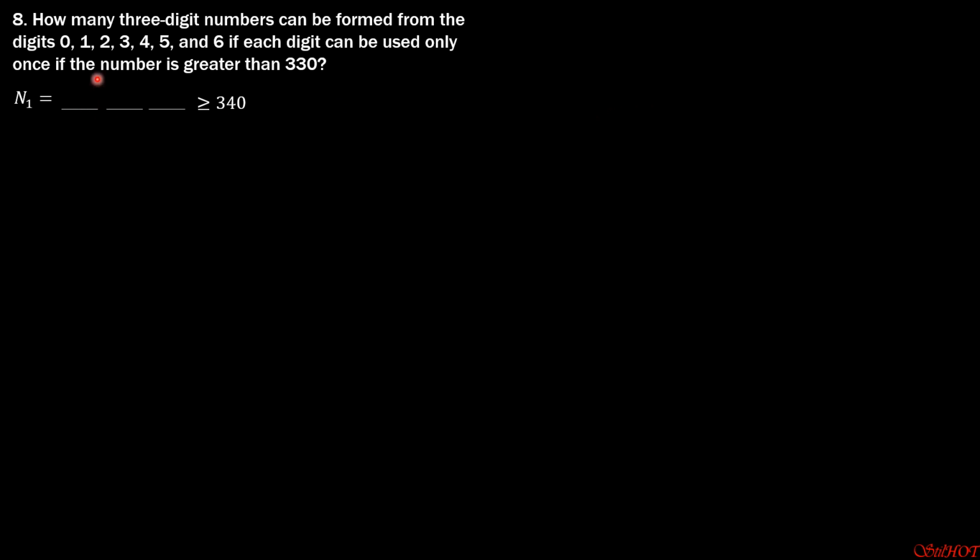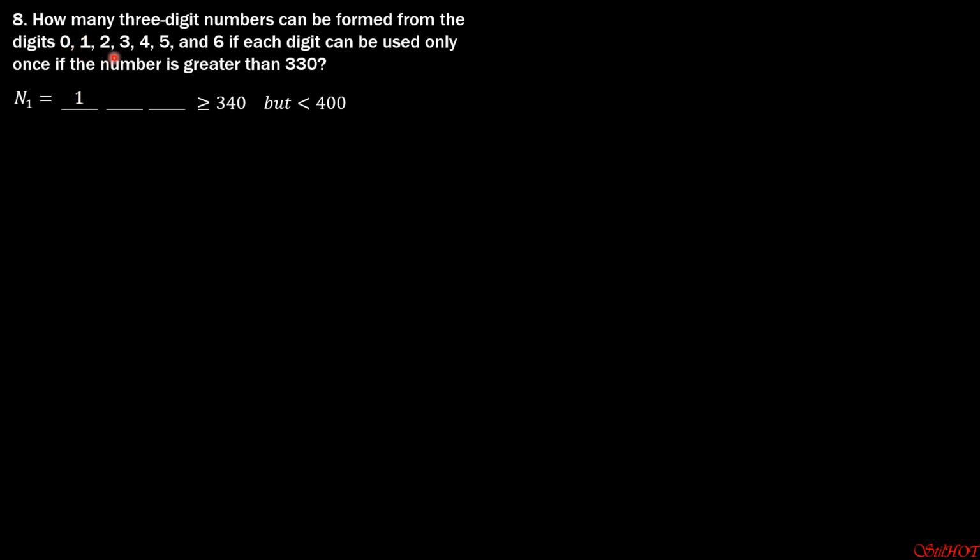There is only one 3, so there is only one way to assign a digit 3 here. But less than 400, remember. Then, after we assign the digit 3 here, the next position should be greater than or equal to 4, and 0, 1, 2, and 3 are not qualified. 3 is not qualified because if so, 3 is again repeated.